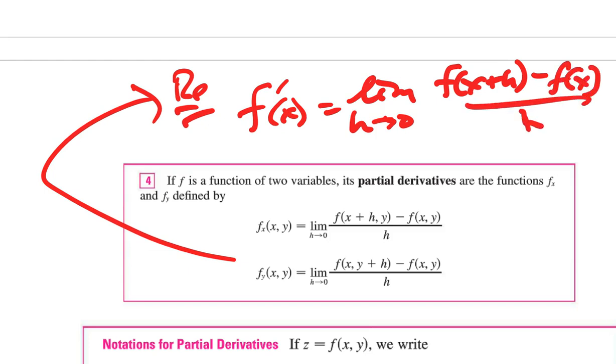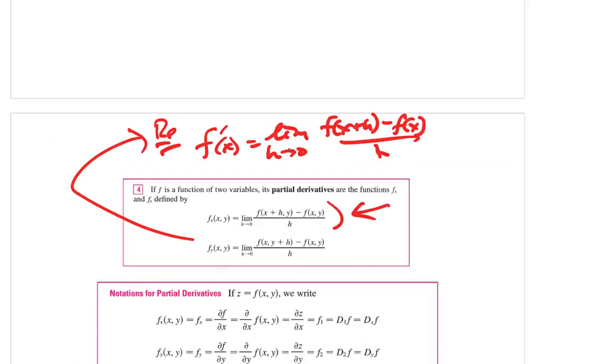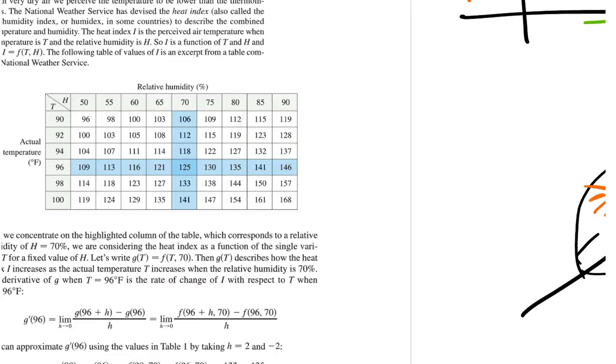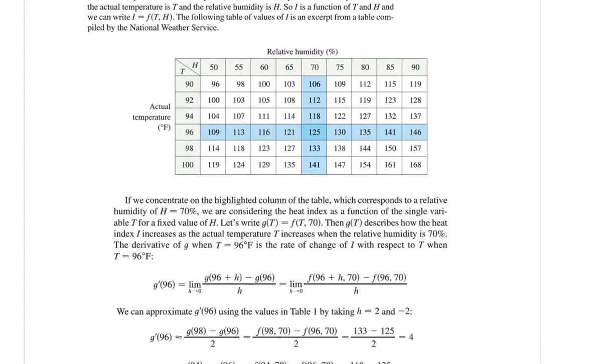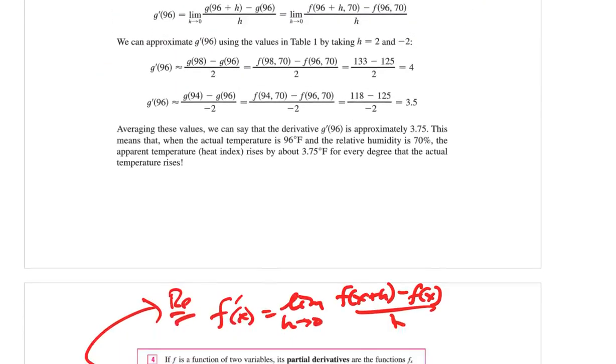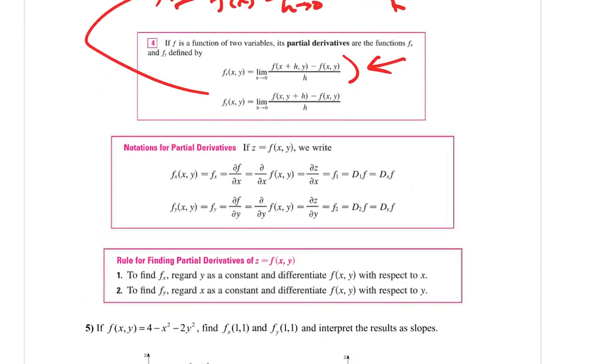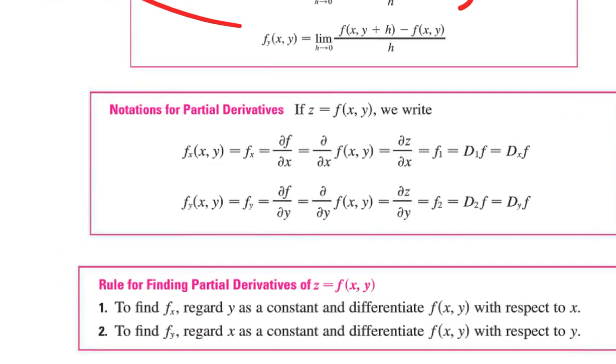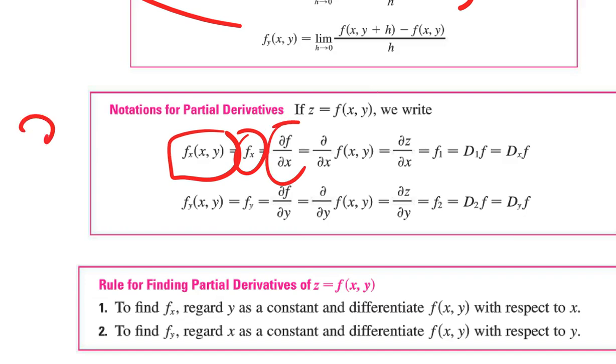Well, you have a little bit of that here. So maybe at the end of this video I'll explain that. Let's just do a partial derivative, and then I want to go back to this and talk about an actual application of it. First of all, you have some notation. So f sub x of (x, y) is also written f sub x, just that, and then this guy right here, partial of f.